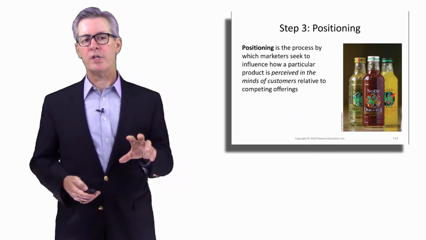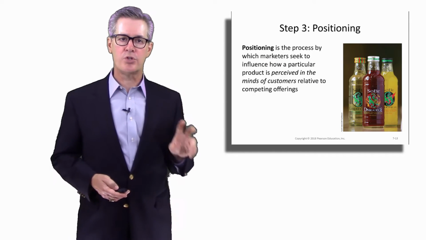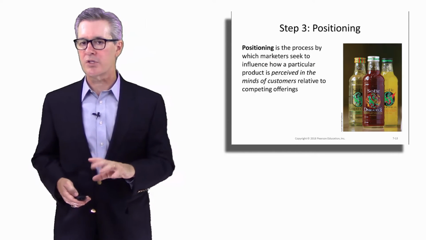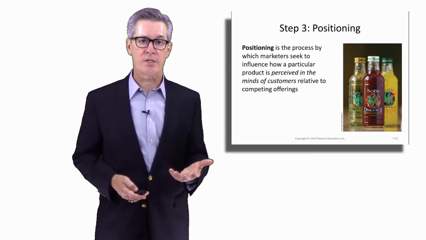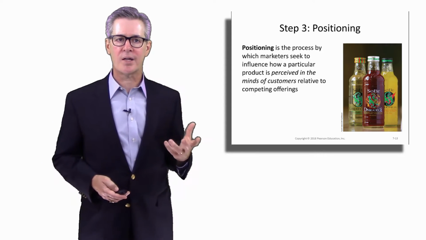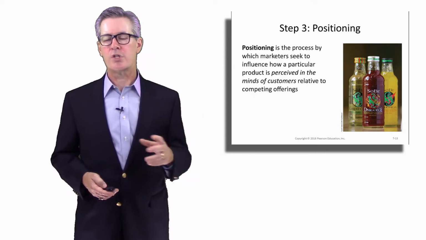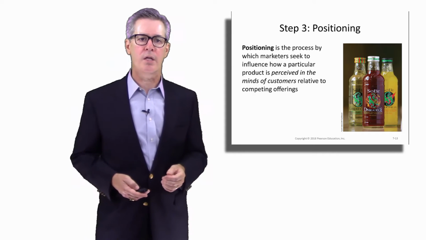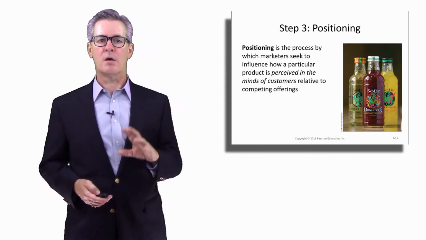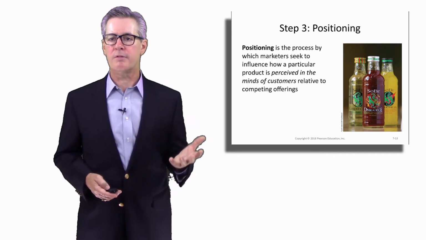Now, we've broken into segments, and we have chosen one or more segments that we're going to have as our target or targets. Now we're going to try to get our product into the minds of those individuals in our target market, and to try to get them thinking about the product in a way that's going to be favorable.